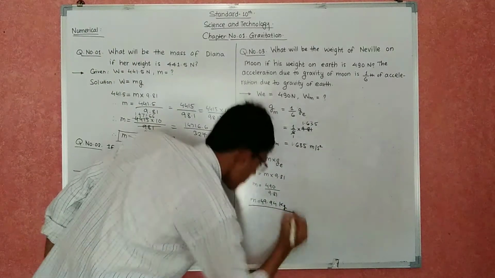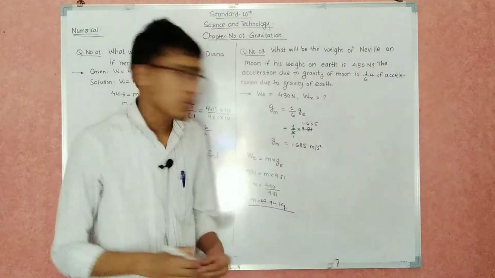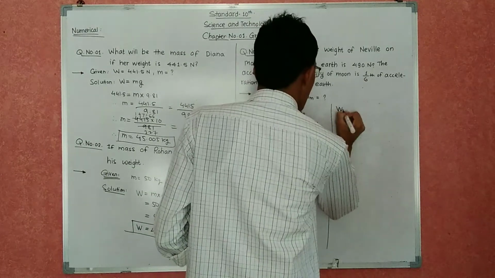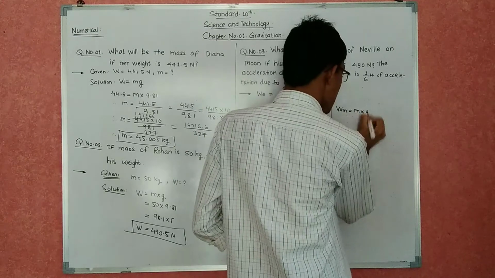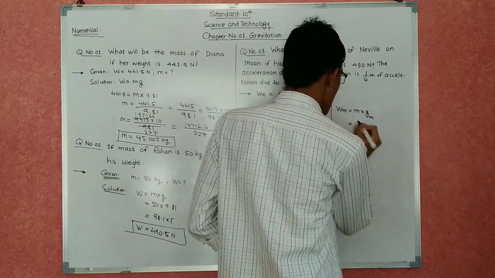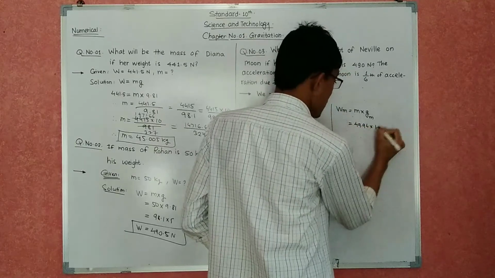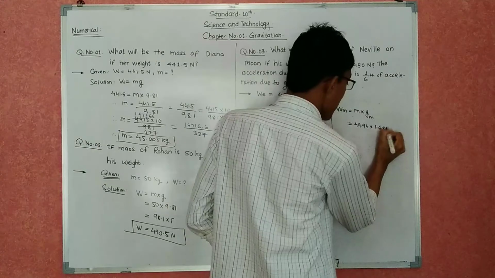Okay, so this is the mass of Neville. Now by using this mass, we are going to find the weight on Moon. So weight on Moon is equal to mass into acceleration due to gravity of Moon. So mass is 49.94 into the acceleration due to gravity of Moon, which we have found is 1.635.